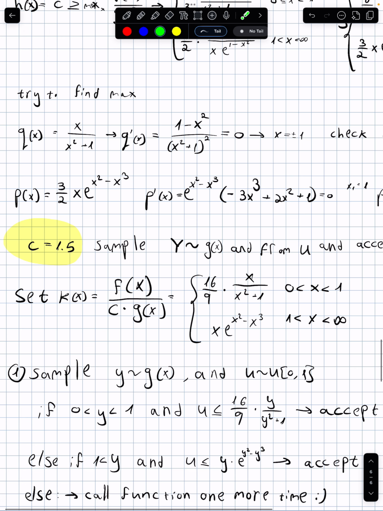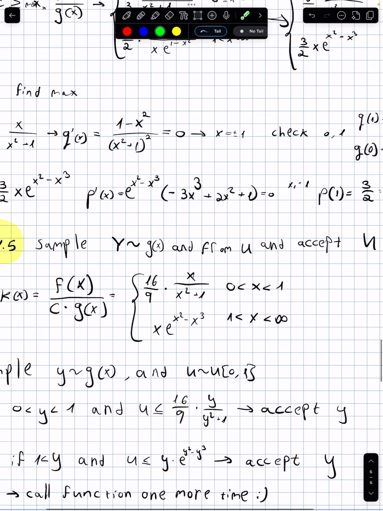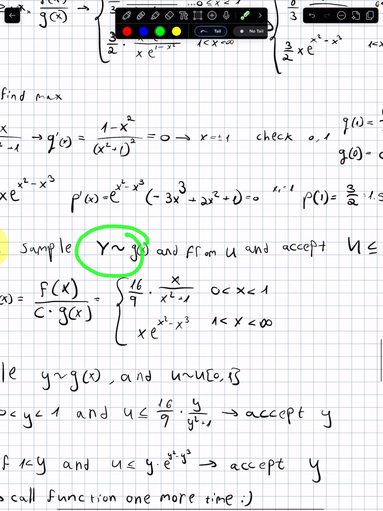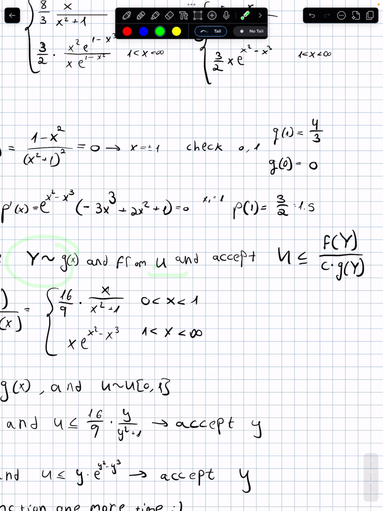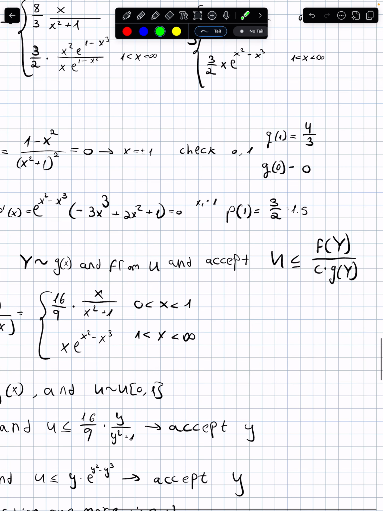Okay, and now when we find c, we will sample y from g of x and u uniformly from 0 to 1, and we accept if u is less than or equal to f of y divided by c times g of y.